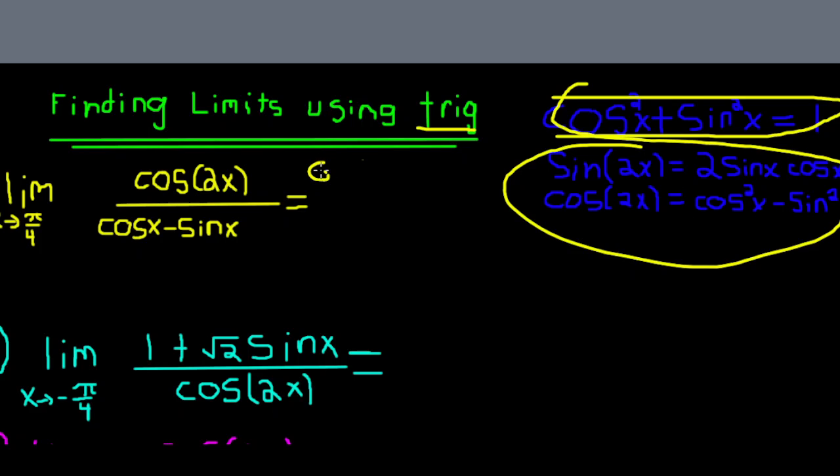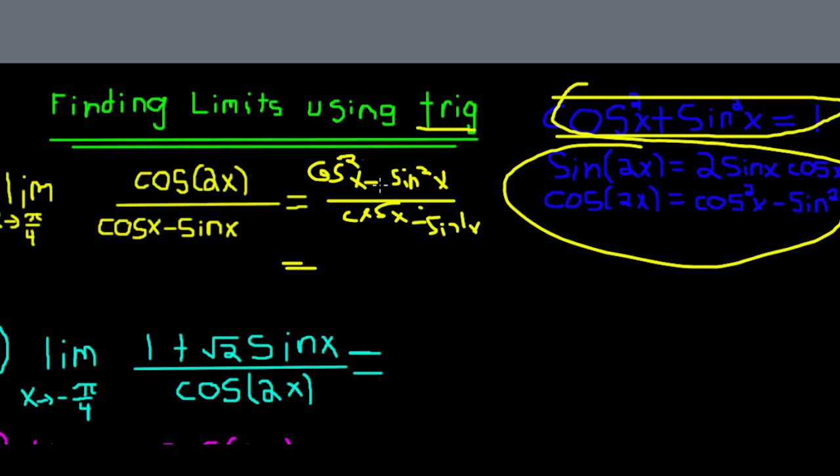So cosine squared of x minus sine squared of x, divided by cosine of x. Oh my god, that looks awful. Minus sine of x.